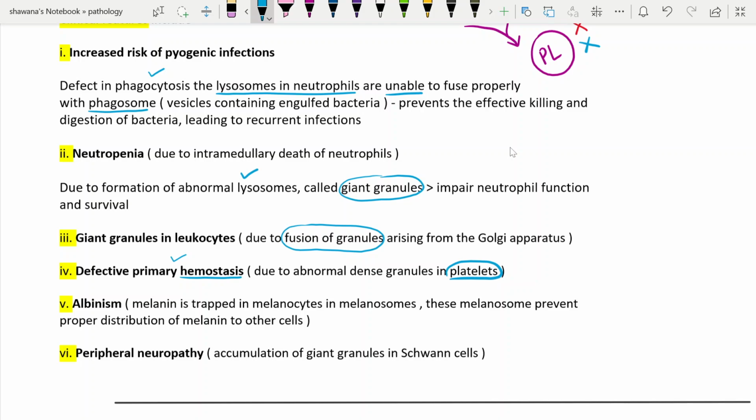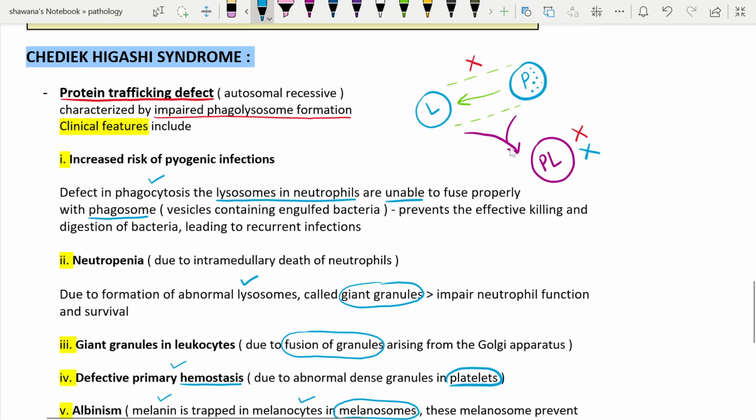Fifth, the clinical feature is albinism. Albinism is a whitish or grayish appearance of the hair of the head, eyebrows, and eyelashes. It is because melanin is trapped within the melanocytes in granules known as melanosomes, and these melanosomes prevent the proper distribution of melanin to other cells.